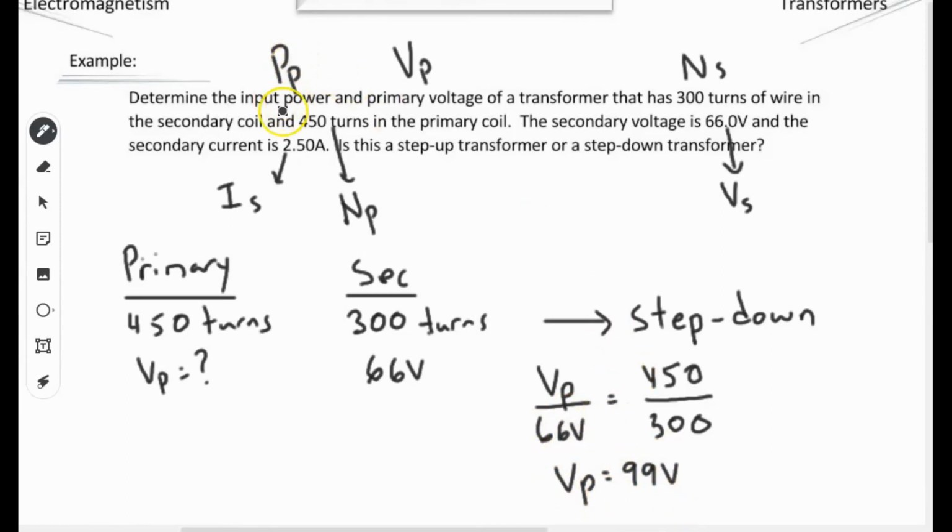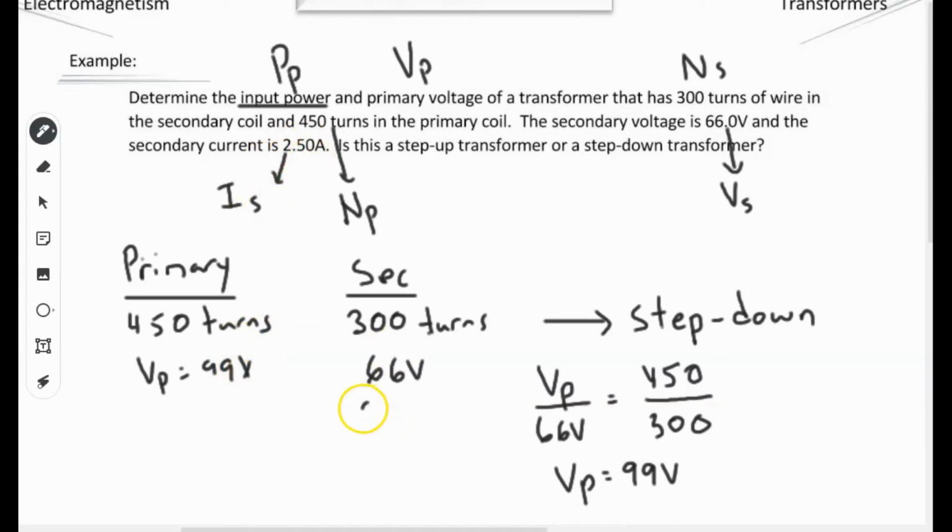Now, last thing we have to solve for is the input power. Okay, so the primary power. To figure out what the primary power is, you would take the primary voltage and multiply by the primary current. So we know what the primary voltage is now. We just solved for that. It's 99 volts. But in the question, they only tell us the secondary current.